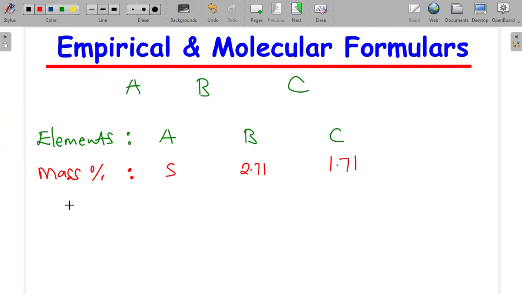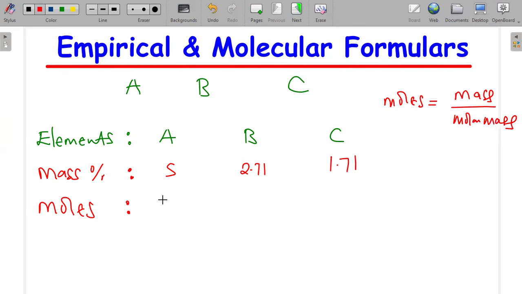The third thing you have to do is to find their moles. How do you find their moles? As we learned even in secondary school, moles is equal to the mass of a certain element over the molar mass.